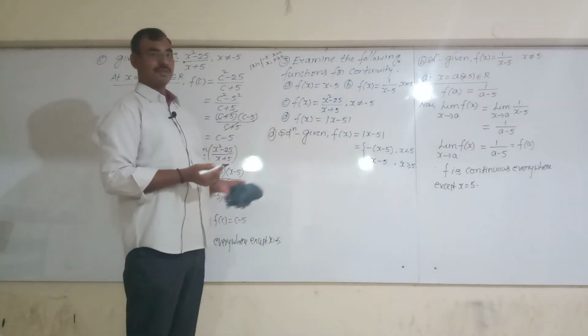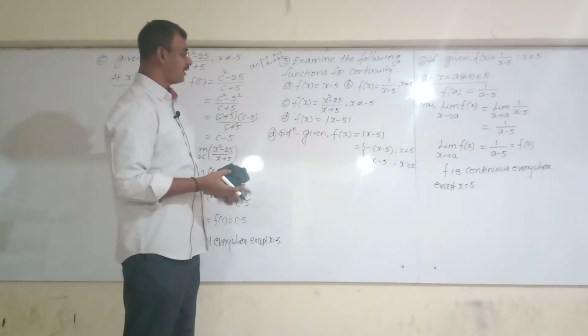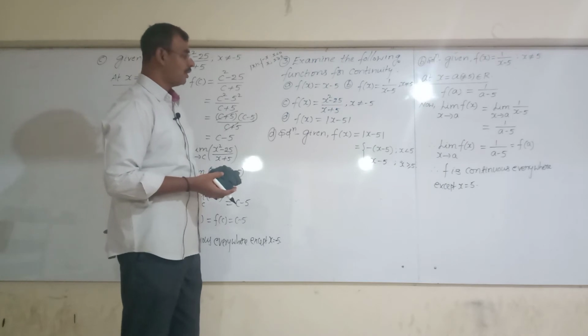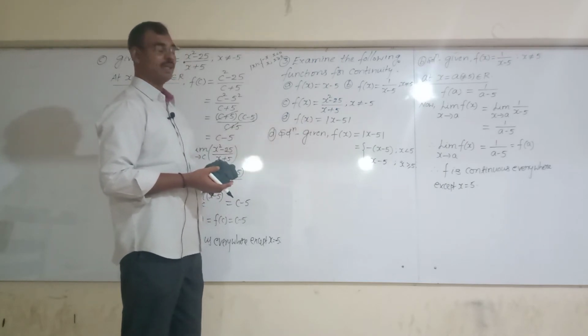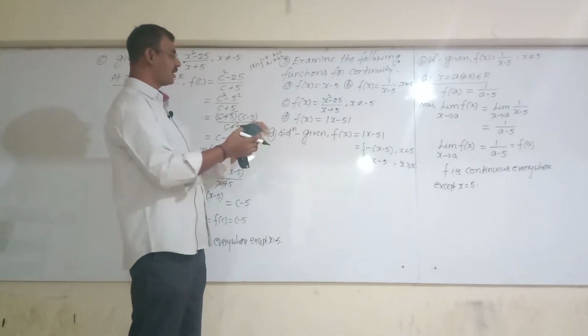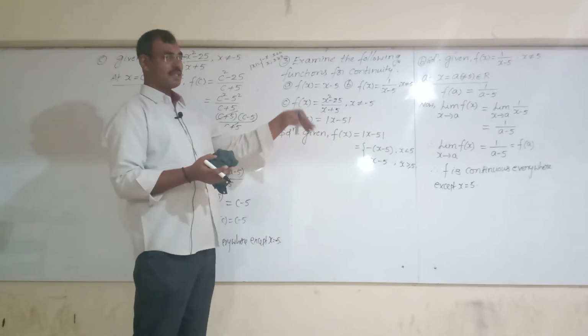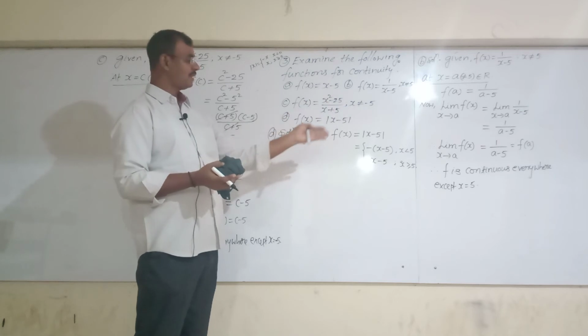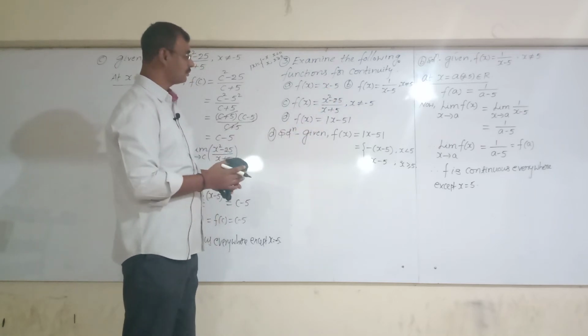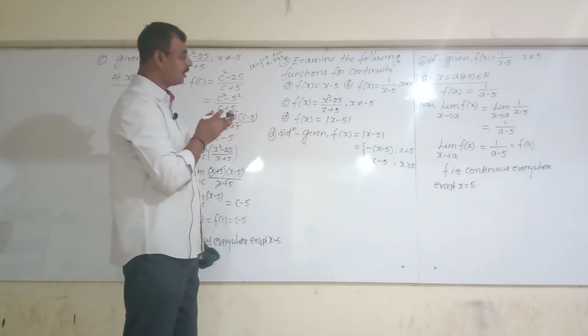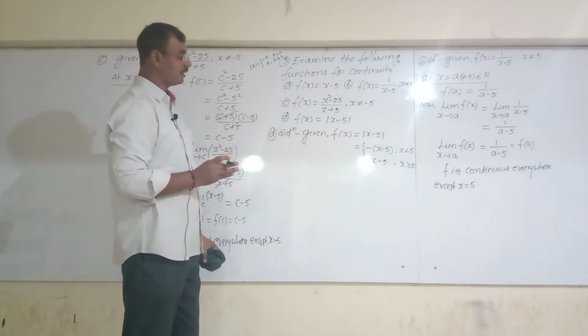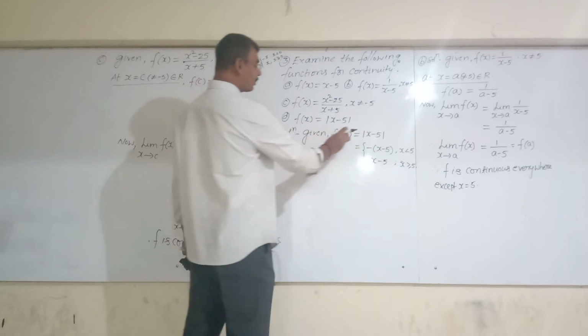When x is smaller than 5, what is the function? Minus of x minus 5. So we get the left side this way. When x is more than or equal to 5, that is a positive value. This is how we break into conditions with the help of the mod property.